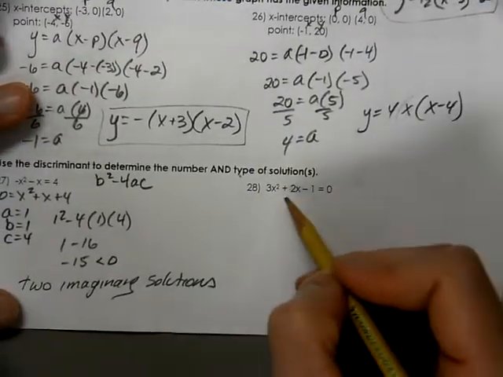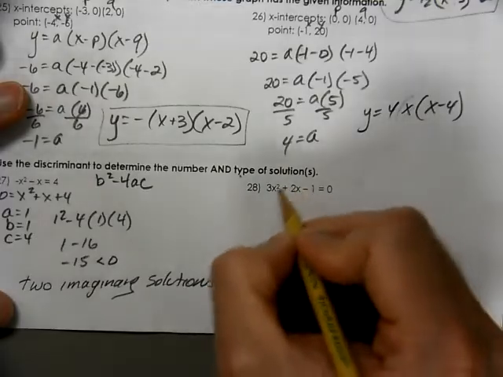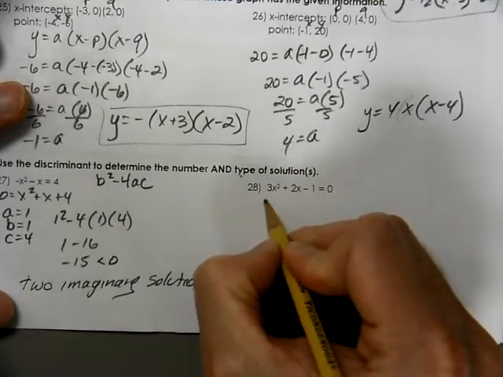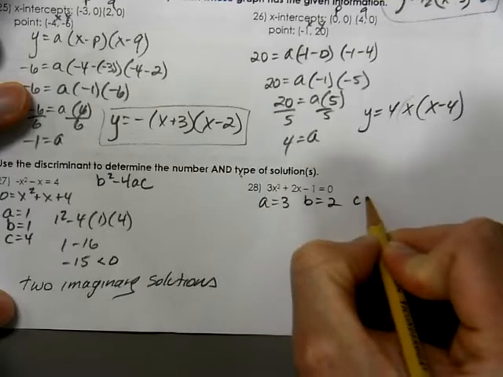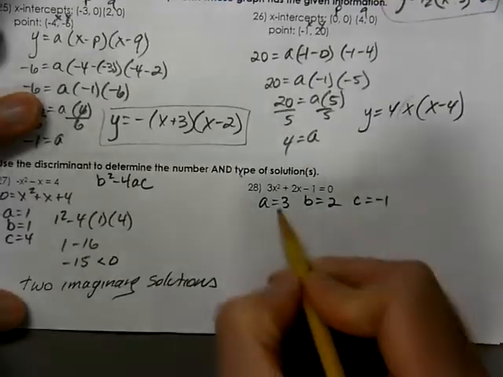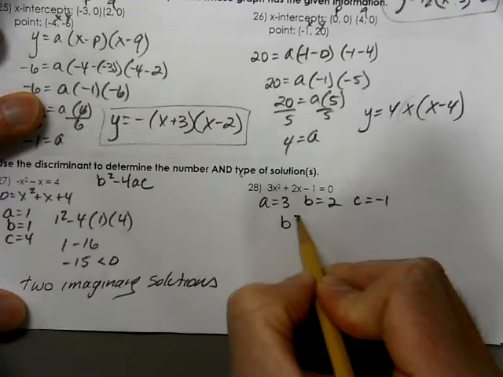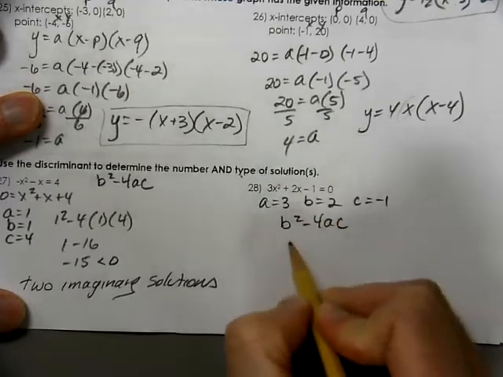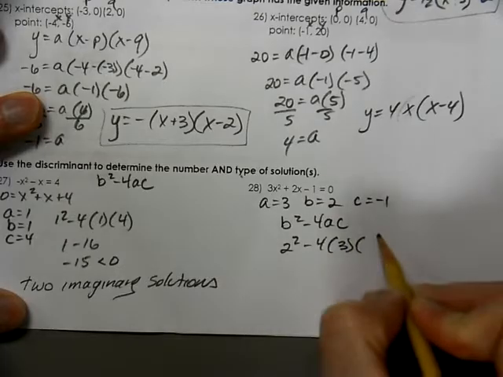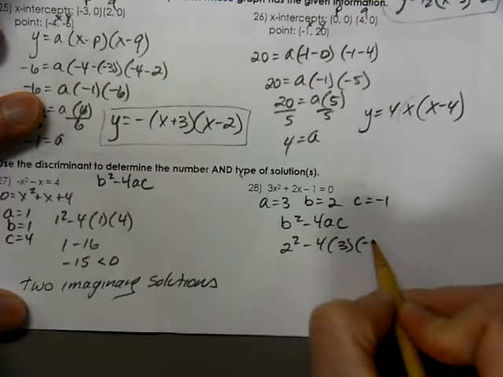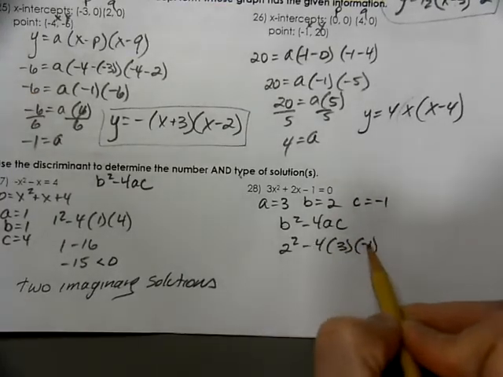Here's another standard form of an equation. We know our A value is 3, our B value is 2, and our C value is negative 1. We use our discriminant. It's 2 squared minus 4AC.